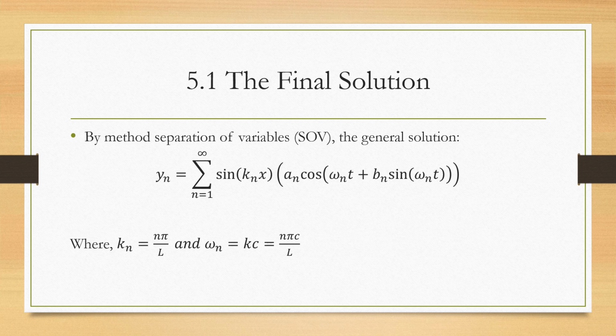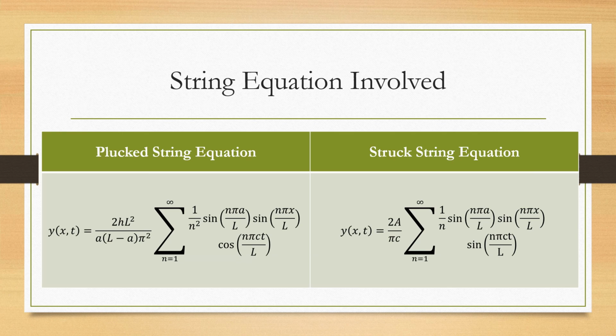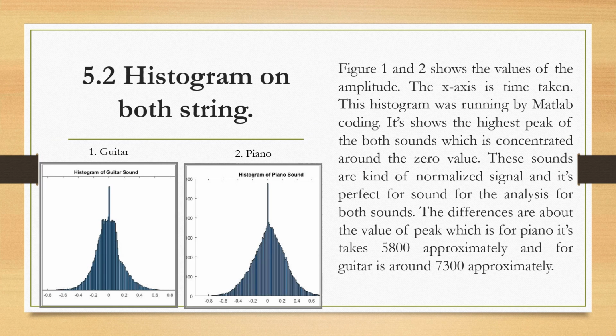These are the final solutions from the separation of variables that we solved just now, the Kn equation, for the plucked string and the struck string. The first is the histogram on both strings: this is for guitar and this is for piano.